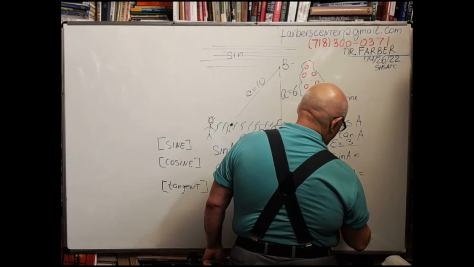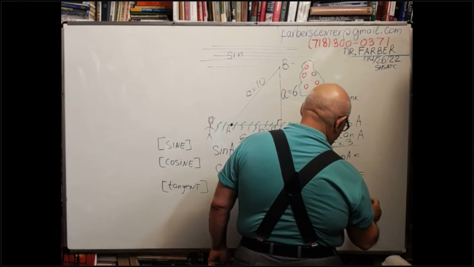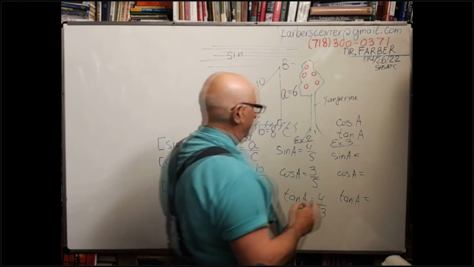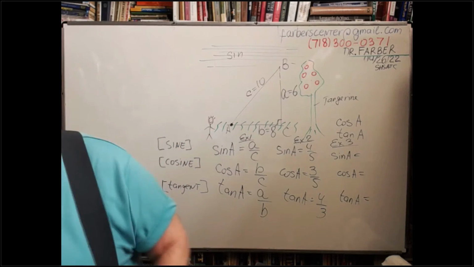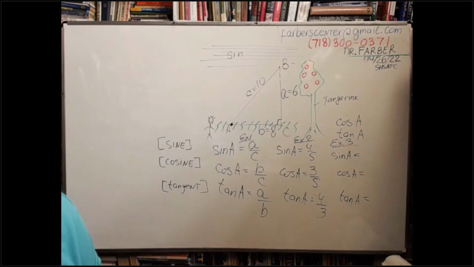And find tangent of A of this triangle. Good luck. Send me three numbers, 3 ratios. You can send me in one line.